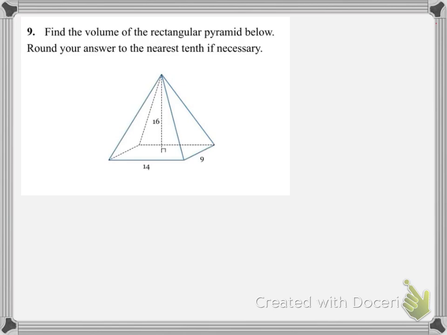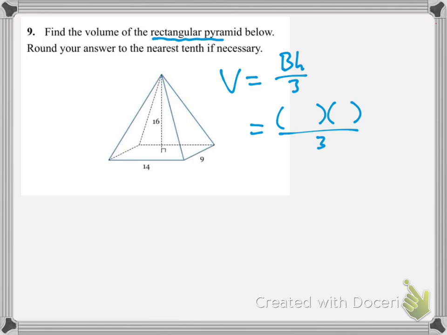All right. Now, they give us a picture. Doesn't change anything. It's a rectangular pyramid. So the area of the base is length times width. So it's 14 times 9. 14 times 9 is 126.